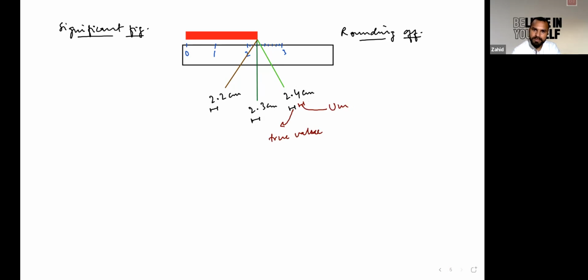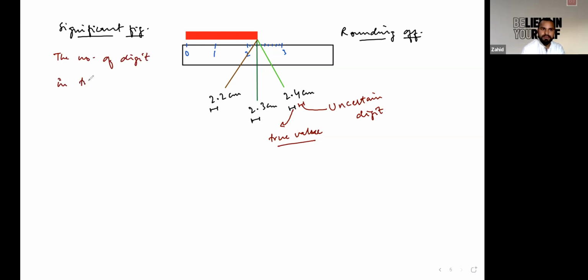It will depend upon observer to observer. So this digit is called the uncertain digit. The true value and the uncertain digit combine together to give you significant figure.